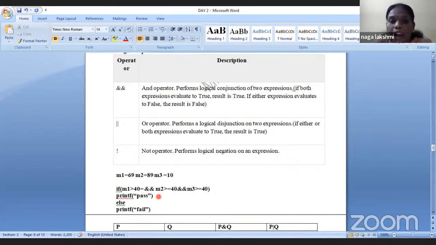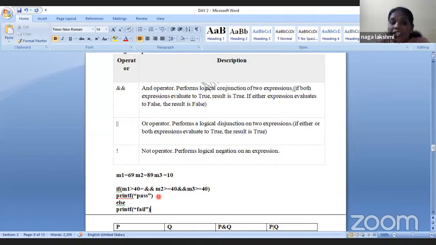Okay, logical and we understood. Then what about the logical or operator? Logical or operator means, suppose you go to an examination hall or you are filling any online application form, they may ask you to give either your Aadhaar card number or your PAN card number or your voter ID number. Whichever number I give, it is going to accept.